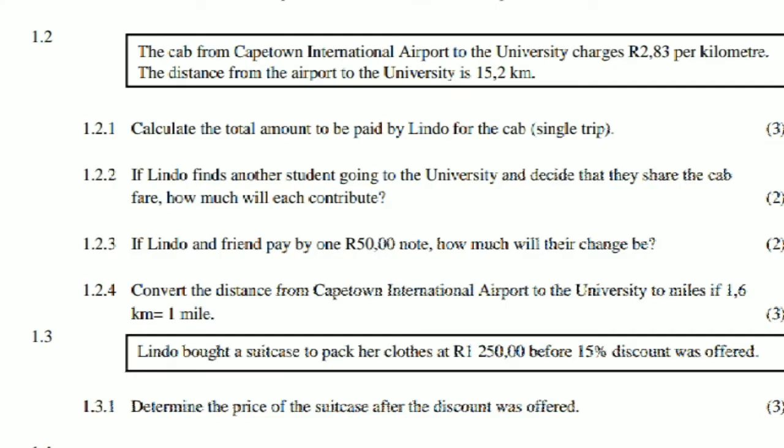So we are going to the next question, which is 1.2.1. We're starting with 1.2. The cab from Cape Town International Airport to the university charges 2 rand 83 per kilometer.